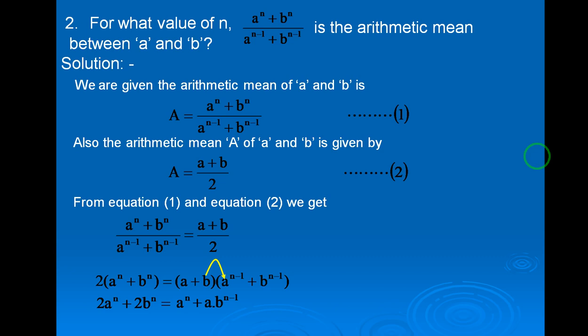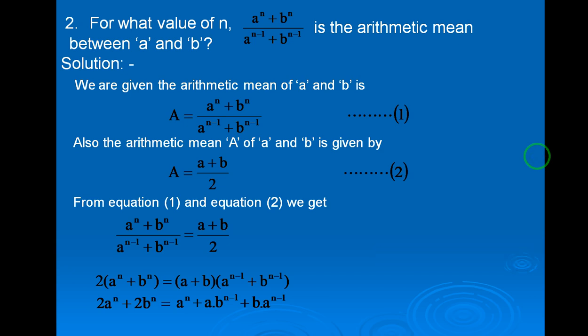So we get b into a^(n-1), which is b a^(n-1). So the third term becomes plus b a^(n-1).